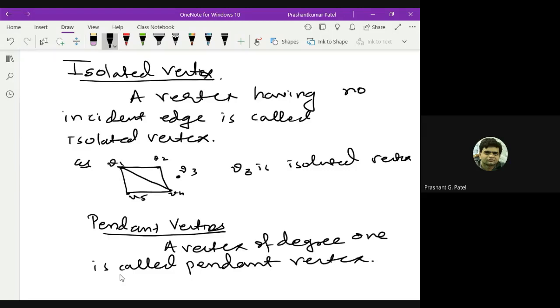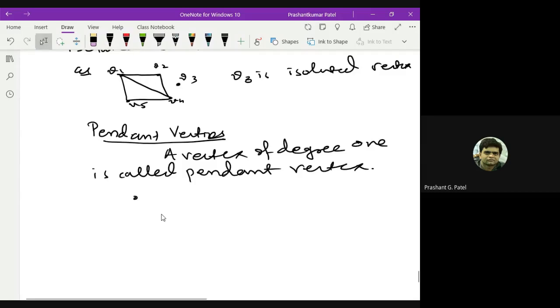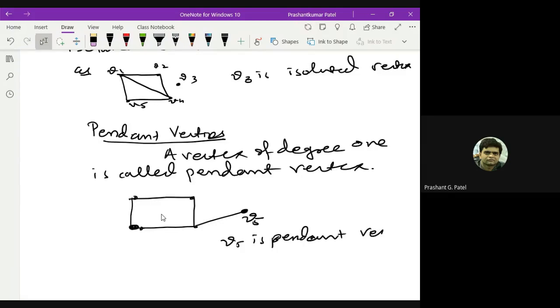For example, if I plot this as a graph, this is the vertex, and V5 is a pendant vertex.